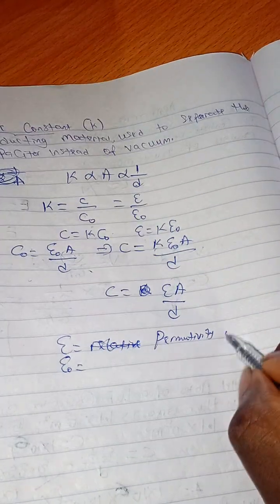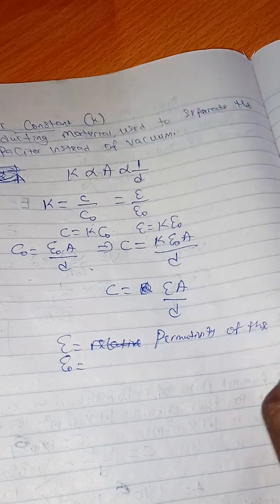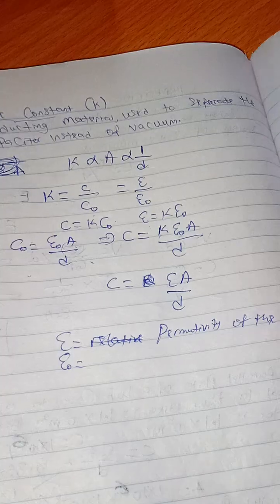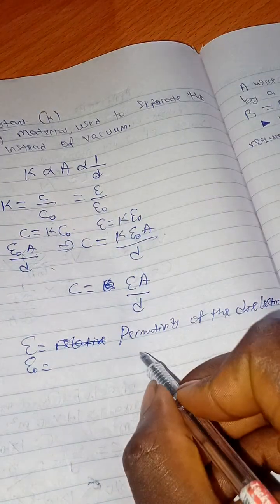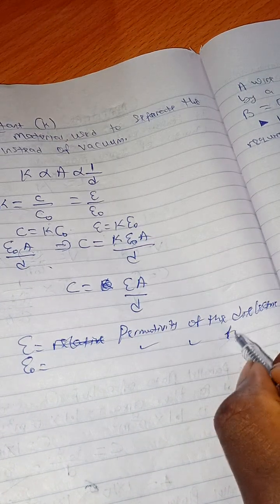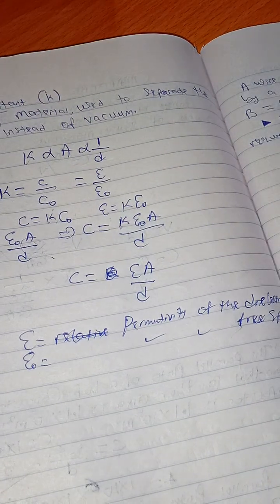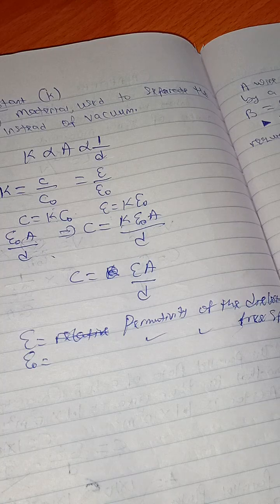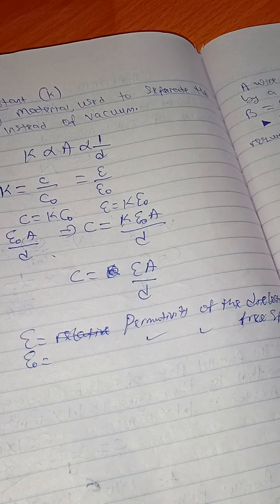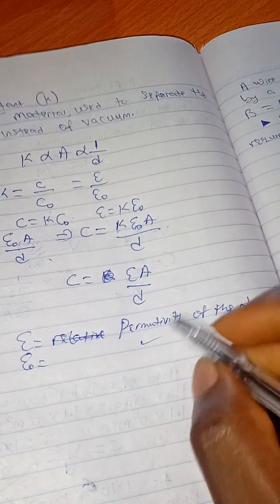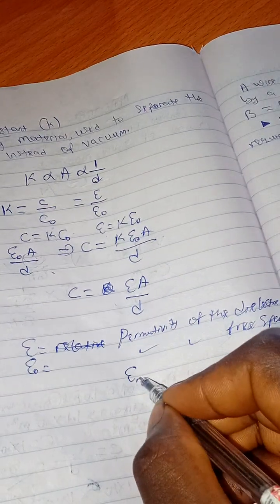E naught is the permittivity of free space. A is the area. D is the distance between the plates. C is the capacitance. Sometimes they will give you relative permittivity. In this formula, the relative permittivity is represented as E R.